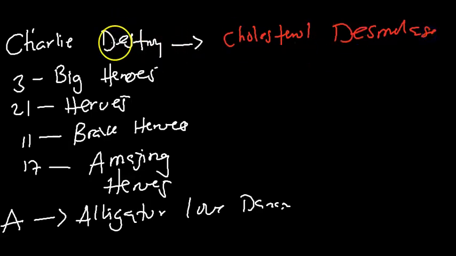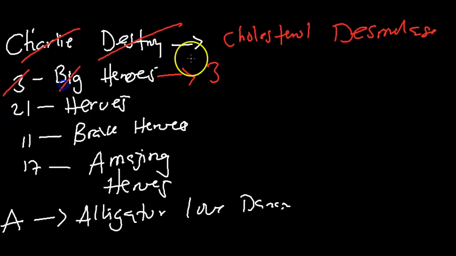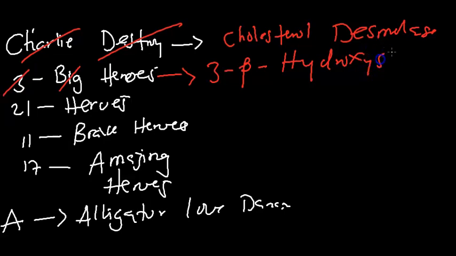So destroy and Charlie has been left out. So what about 3 big hero is going to be 3. This is out. Big is going to be beta. And heroes is going to be hydroxysteroid dehydrogenase.